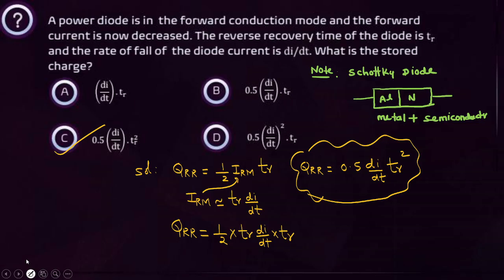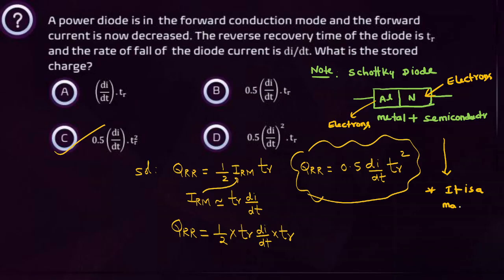Friends, we know that in aluminum, electrons are the carriers. In the N layer, electrons are also the carriers. That's why a Schottky diode is a majority carrier device. The total conductivity is due to only electrons. This is also important. It is a majority carrier device, that is, a unipolar device.